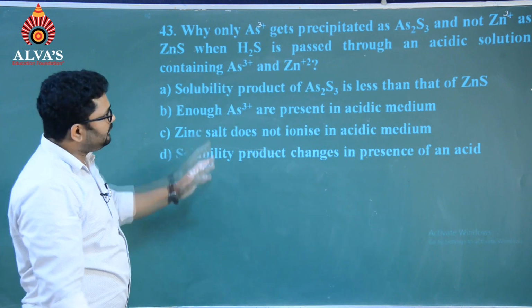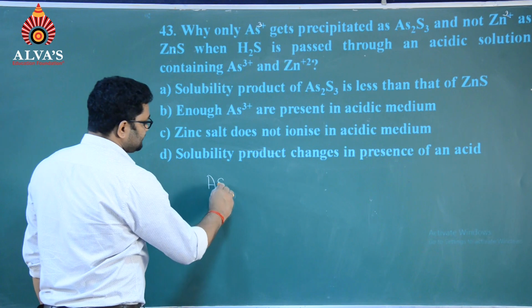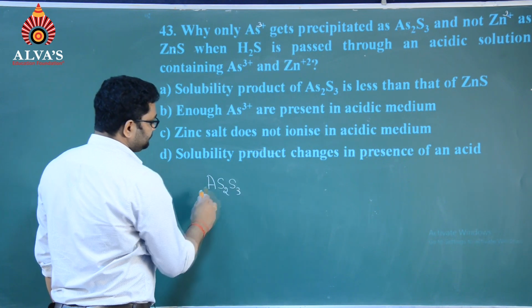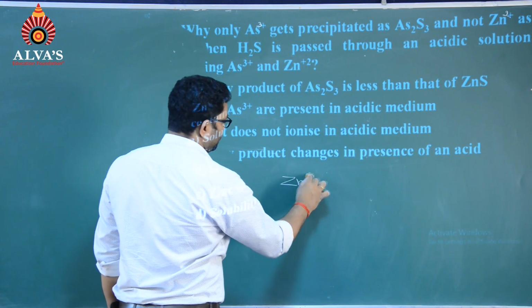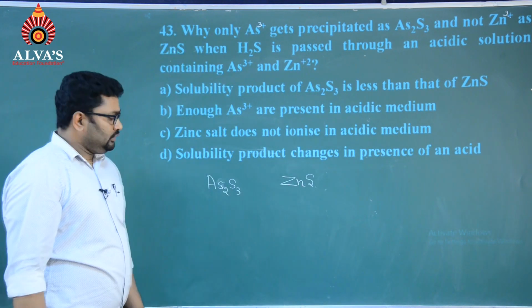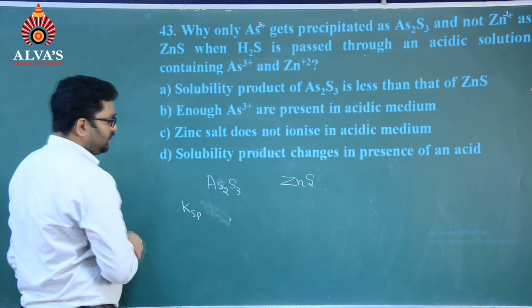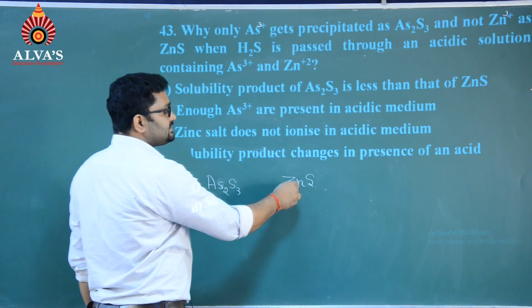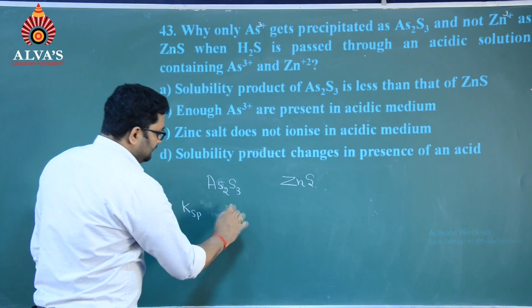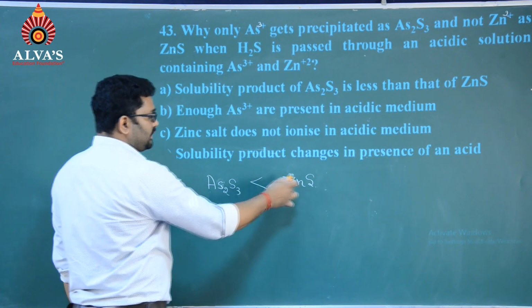Students, this is based on the solubility product. We have two sulfides, one is As2S3, that is arsenic sulfide, and zinc sulfide. You should know one thing, that the solubility product of As2S3 is lower than ZnS.